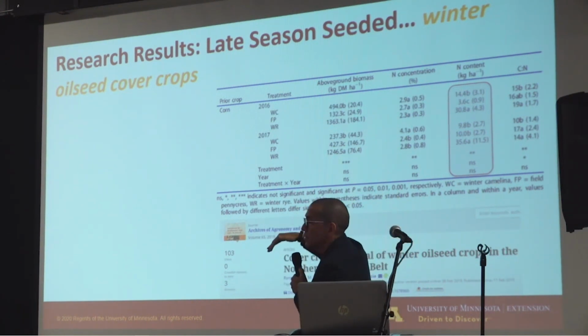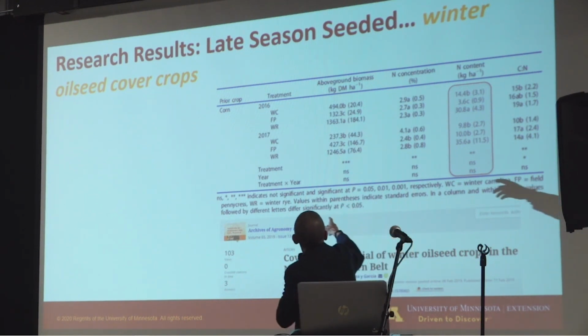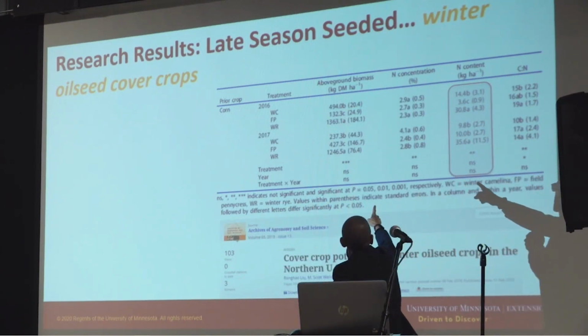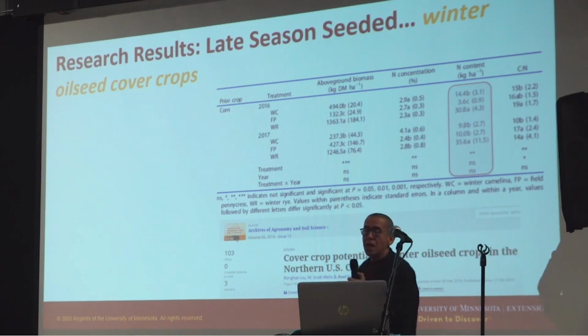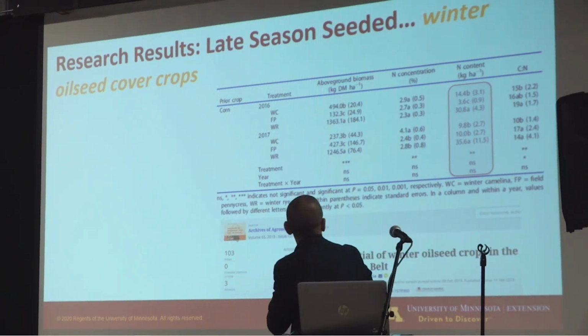So this is the previous study as well, and I wanted to show here what you have is the biomass. Here, the nitrogen concentration in the tissue, and here the total nitrogen in kilograms per hectare for that biomass produced.